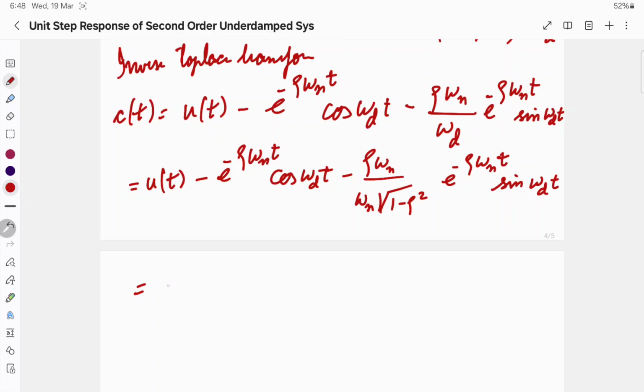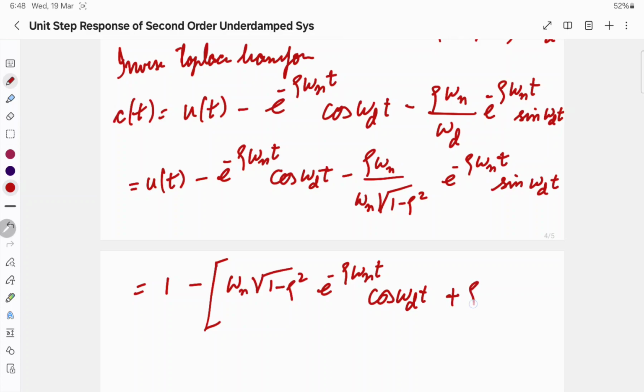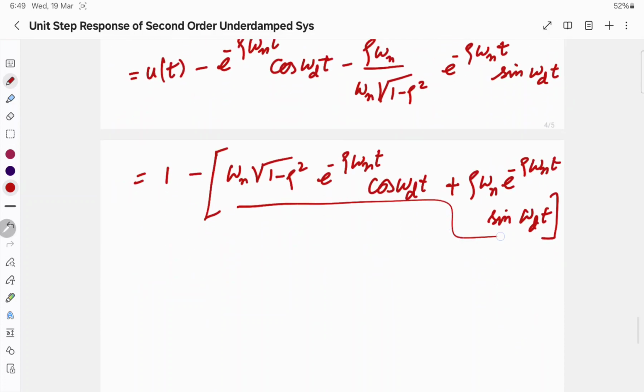So I can rewrite this as 1 minus e power minus zeta omega nt cos omega dt plus zeta omega n e to the power minus zeta omega nt sin omega dt, right, whole divided by omega n square root of 1 minus zeta square.